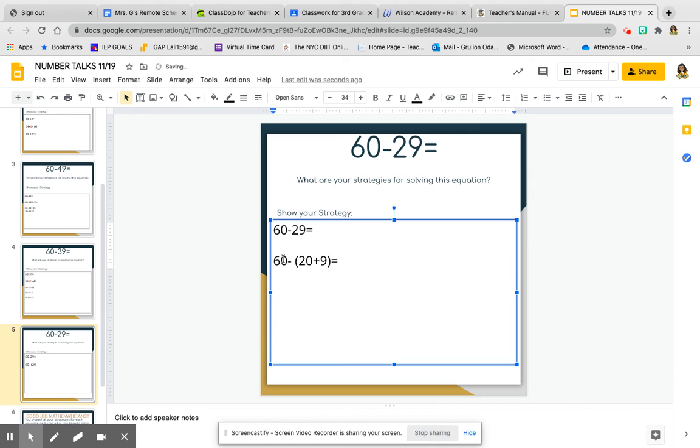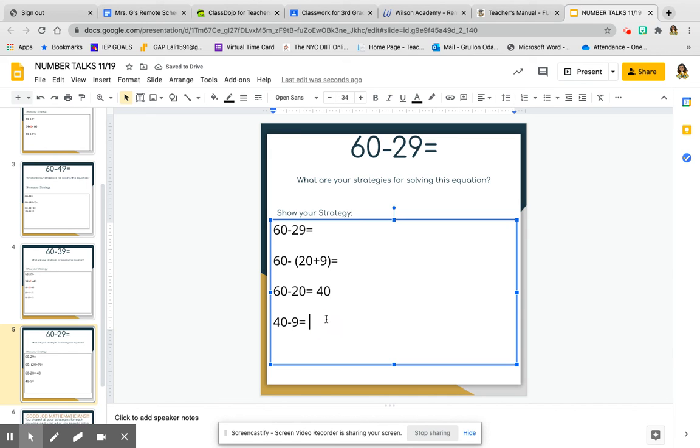So now my number sentence looks like this, since I'm breaking up the 29 so that I can subtract it in chunks. So first I'm going to subtract 20 from the 60, and that gives me 40. Next, I'm going to subtract 9 from the 40.